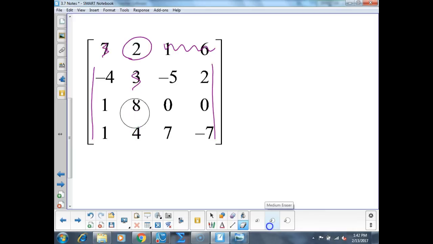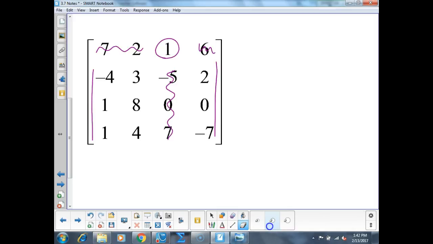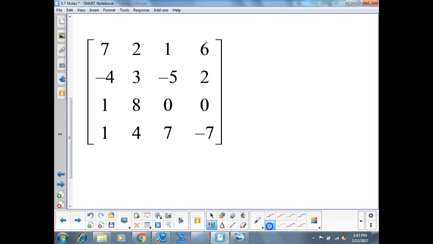Then you add to that one, and then you subtract from that one.